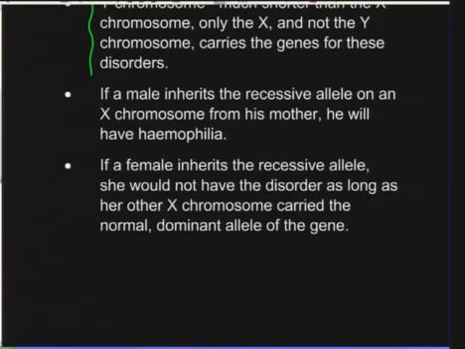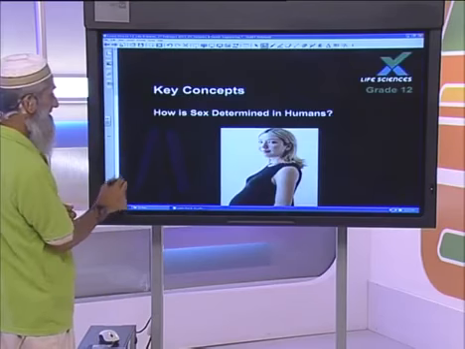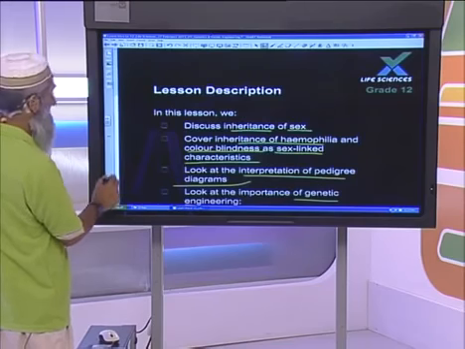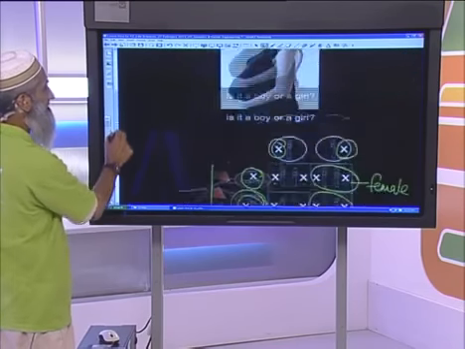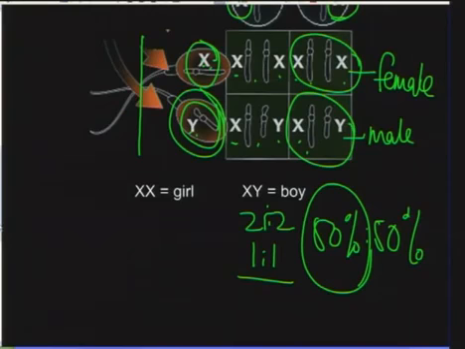If a male inherits the recessive allele on an X chromosome from his mother, obviously he will receive the X chromosome from his mother. If we go back, back again. Sorry, no, forward. There we go. Now, remember, here's a male. XY. Where did he get the Y from? From the father. There's the Y there, from the father.